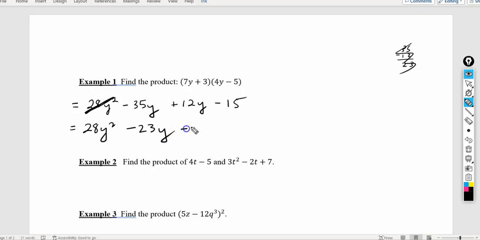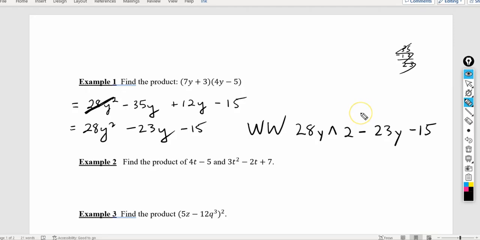And then -15. And if I was going to write this into WebWork, I would type 28 and then y, then the up arrow button, which is the shift and the 6 button, then -23y and -15. That's how I'd write that in there.